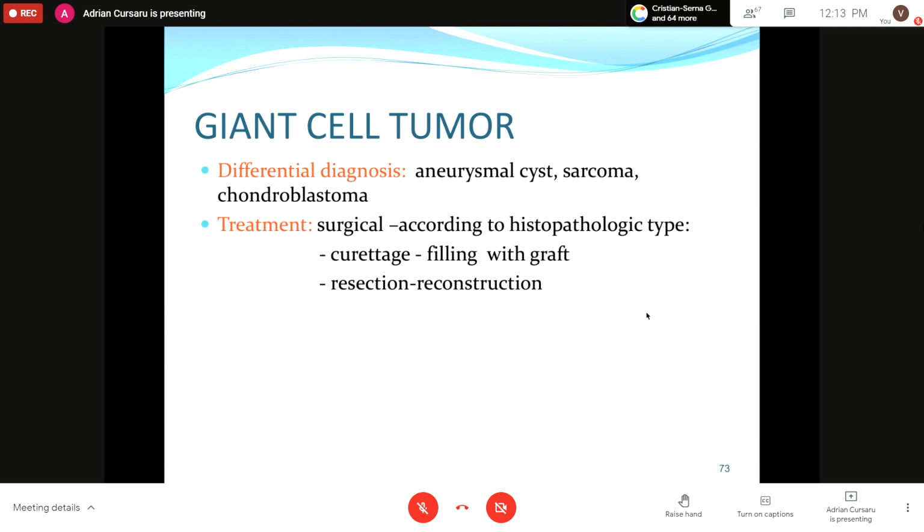But in the active or aggressive one, you have to make the surgical intervention used for a malignant tumor. That means resection and reconstruction.